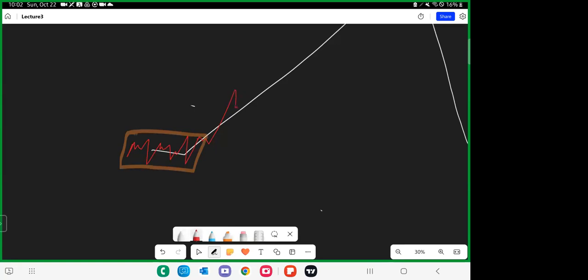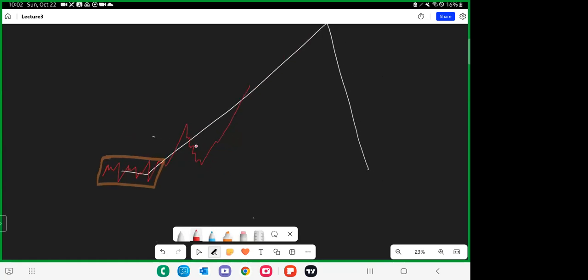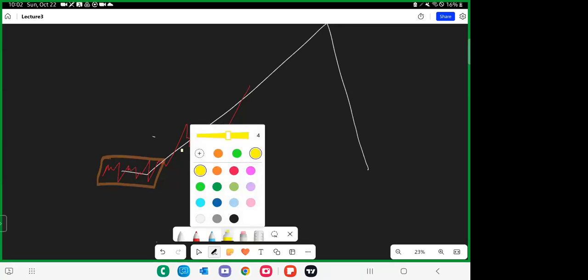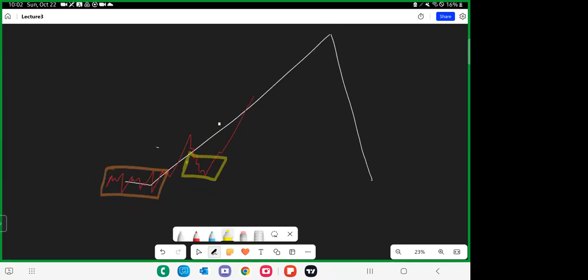You see price go here, trading back down, and then boom, goes higher. This very first phase is what we call a low risk buy. This becomes our low risk buy. Okay, we trade higher, we take out stops.